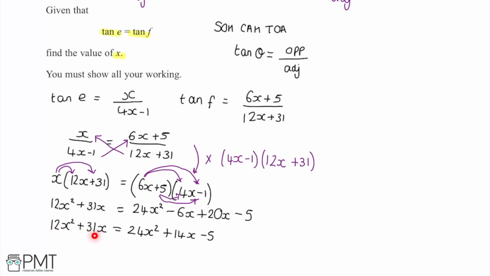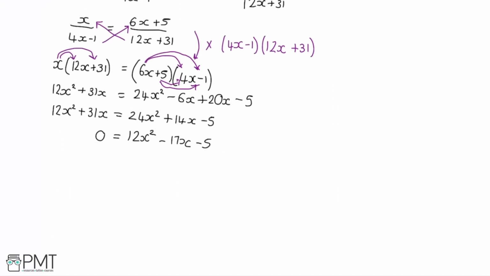So if we subtract 12x squared plus 31x from both sides, we're going to get 0 is equal to 24x squared minus 12x squared, so 12x squared, plus 14x minus 31x, and that's going to give us minus 17x minus 5. So now we've got an equation equal to 0.